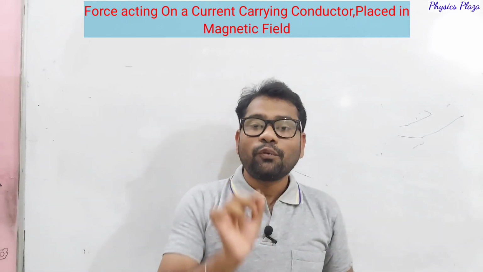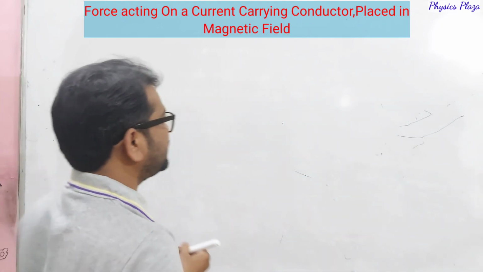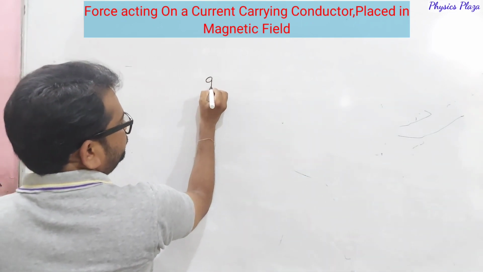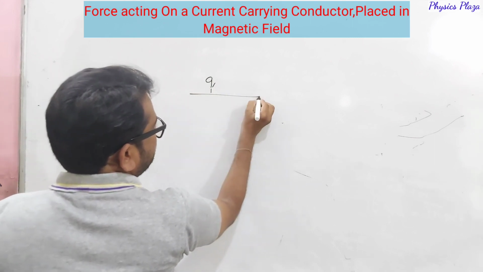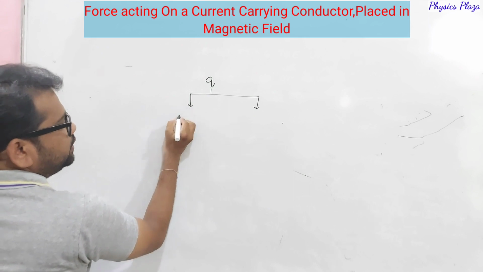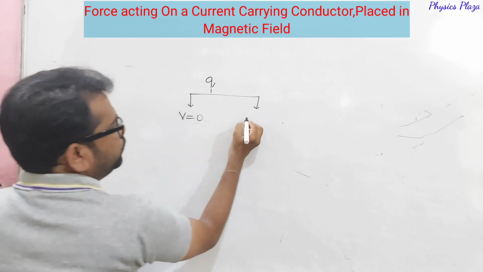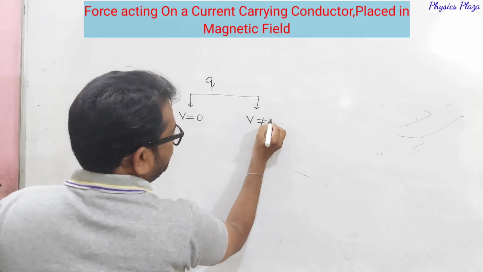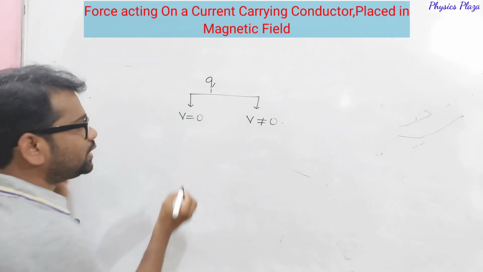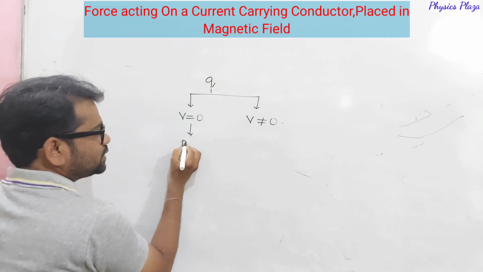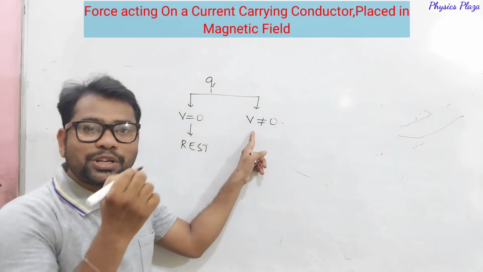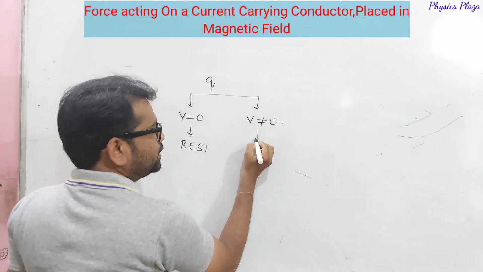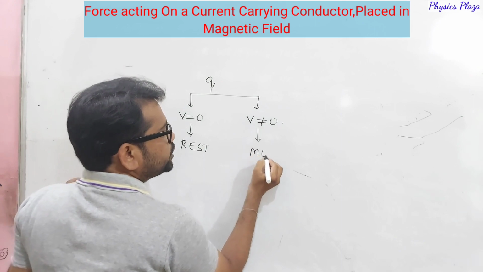This is very important. Before that, dear children, one more important point we need to understand: for a charge, v might be 0, or v might not be 0. v equal to 0 means the charge is at rest. v not equal to 0 means it is in motion.